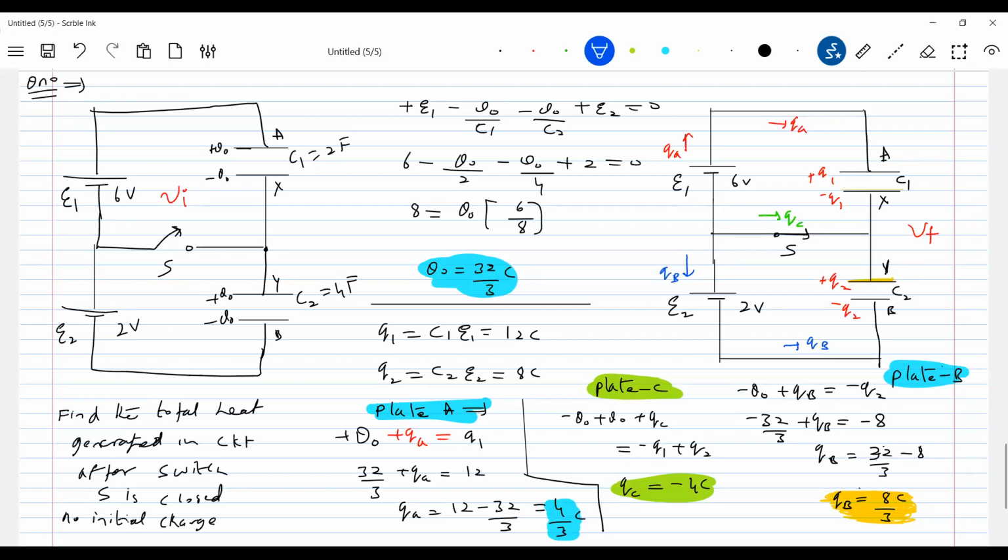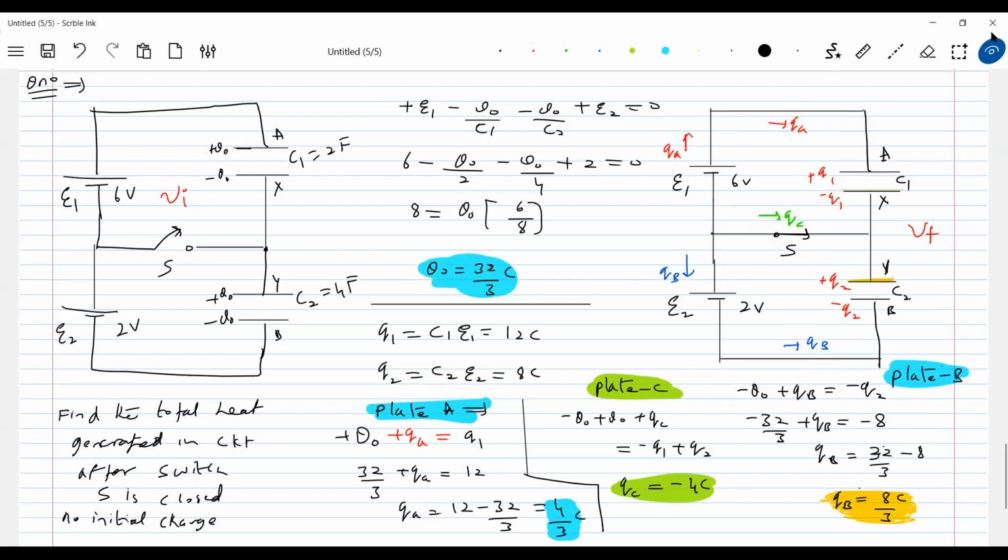You check it all, it will satisfy this equation. QC is negative, so you have to change the direction. Actually, the QC will flow in this direction here. The QC only will branch out here.